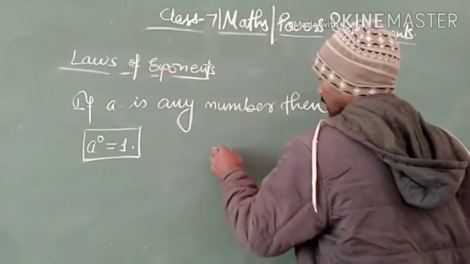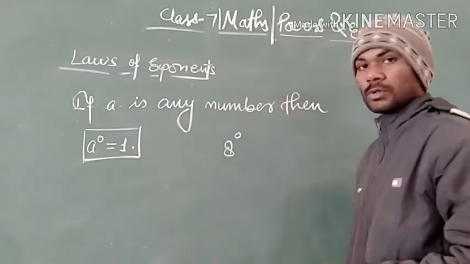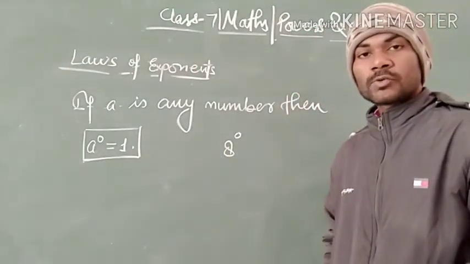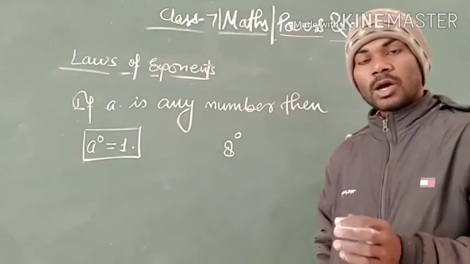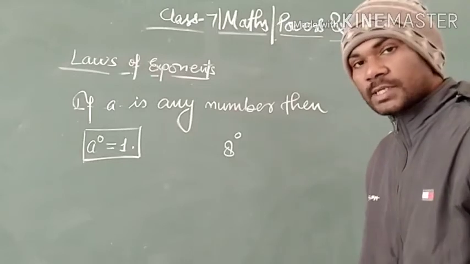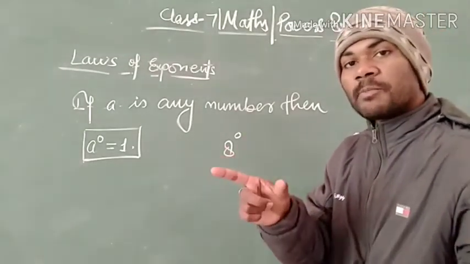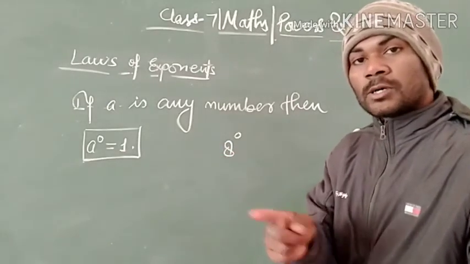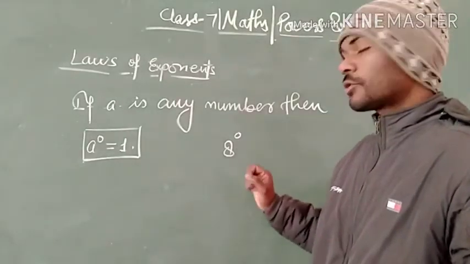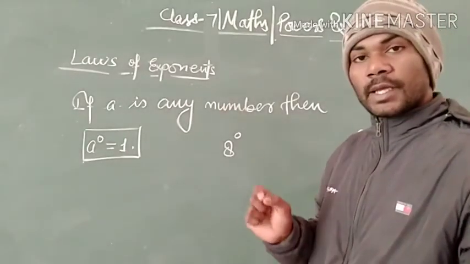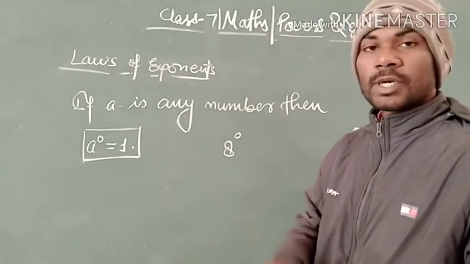If here written that 8 to the power 0, then what do you mean by 8 to the power 0? As I told you, the power of a number represents the number of times of multiplication of that number to itself. So here 8 to the power 0 means 8 multiplied to itself by 0 time.